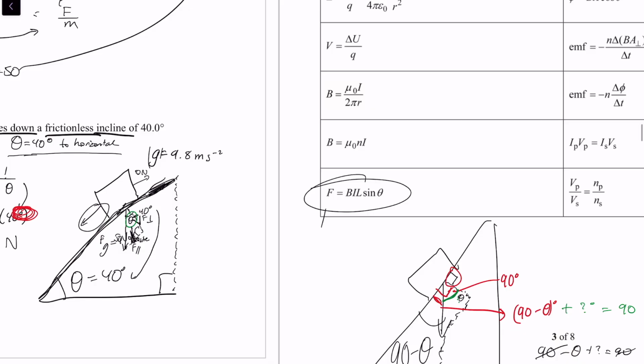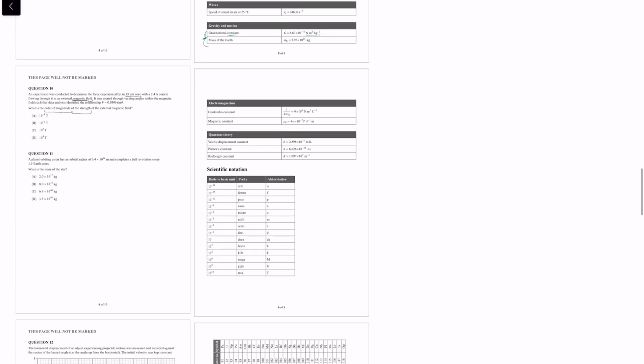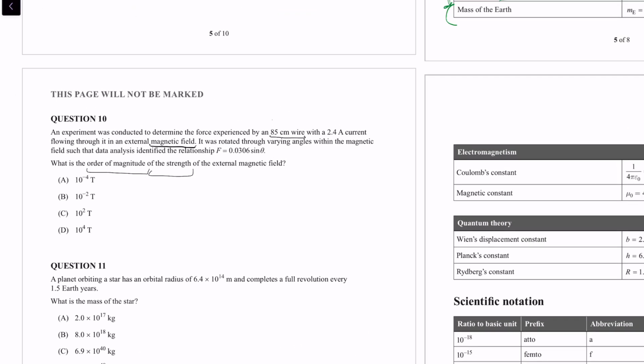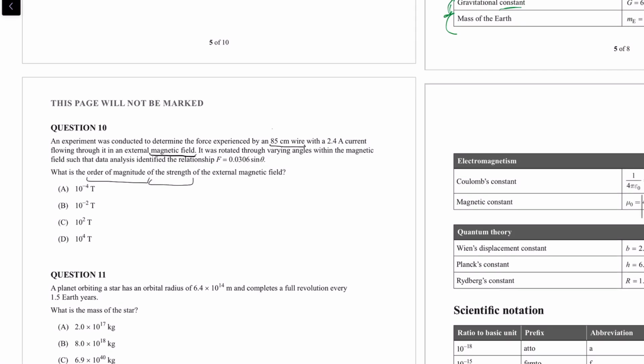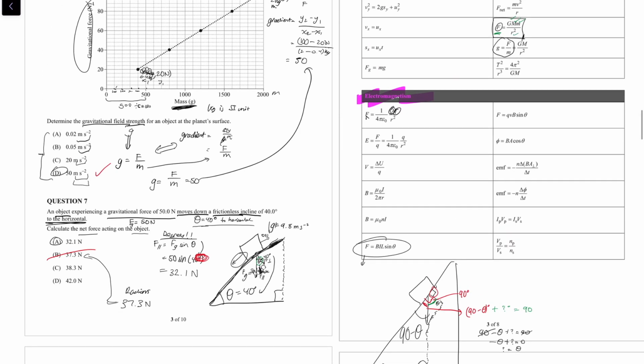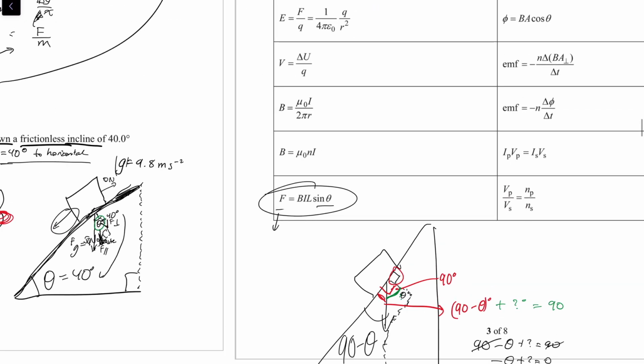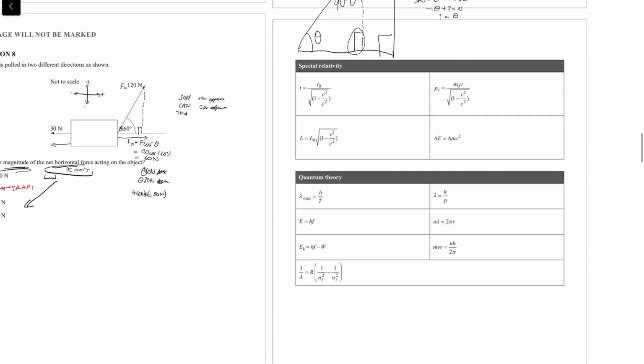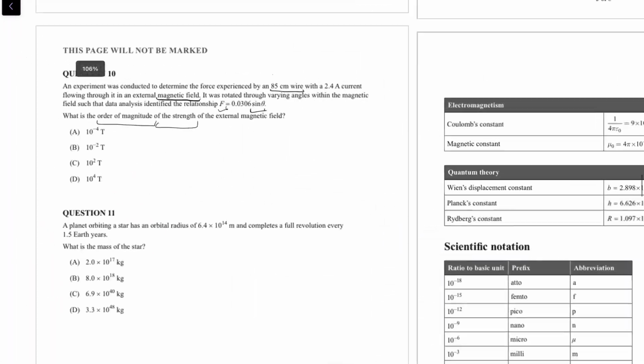So we have force, just checking strength of the external magnetic field. Yeah, we determined we have a force and we have a sine theta. So that's a dead giveaway that we are working with F sine theta, and BIL is what we're working with here.